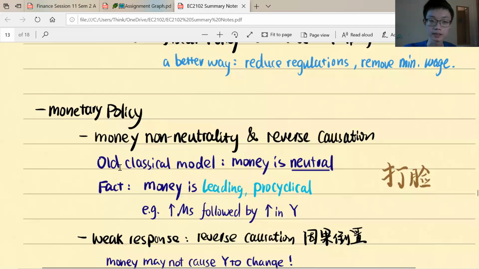Monetary policy is the action by the central bank to change the nominal money supply in order to achieve something. So here, in the classical model, we already see that money is neutral in the short run because price is really flexible.